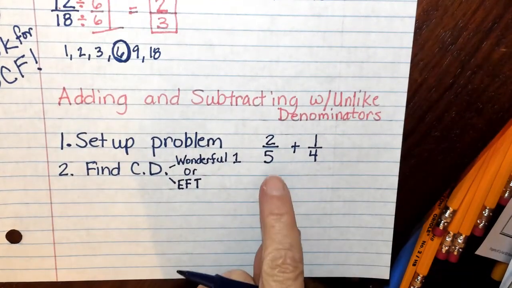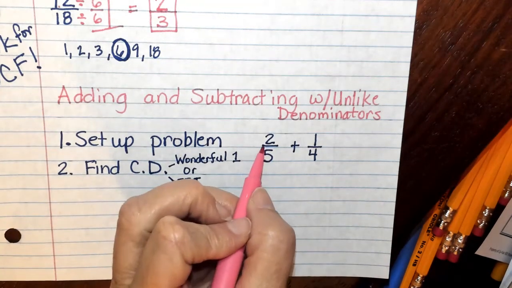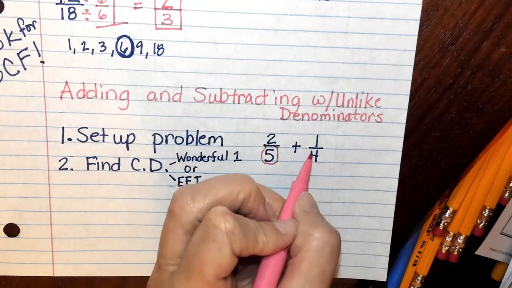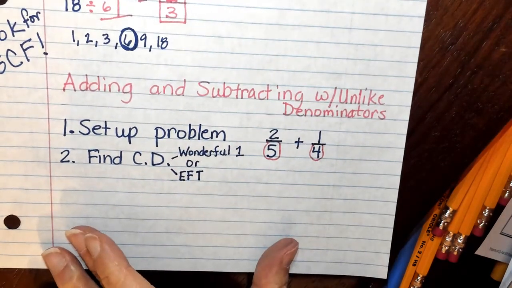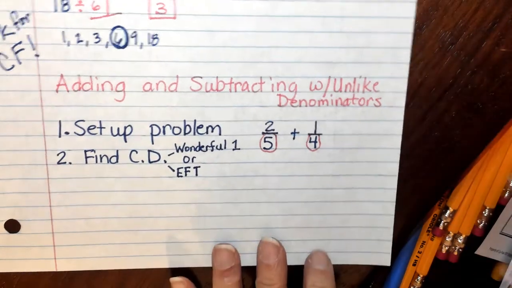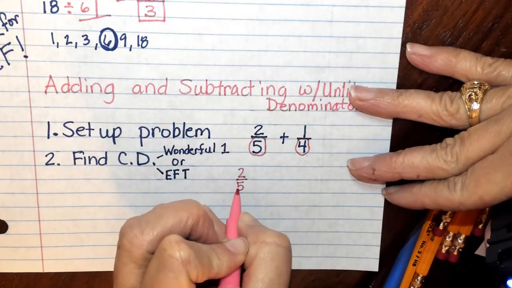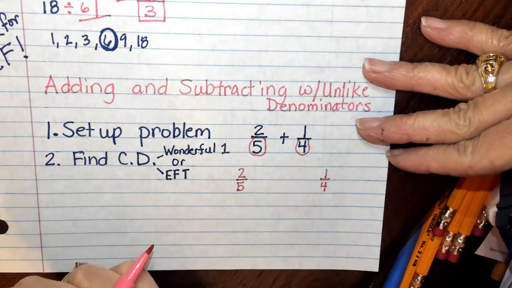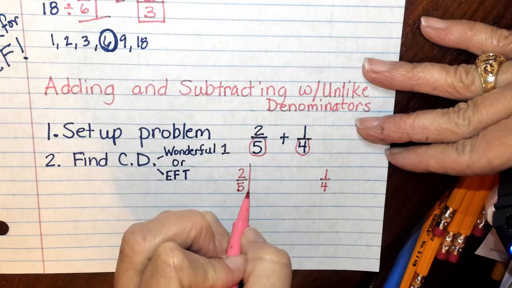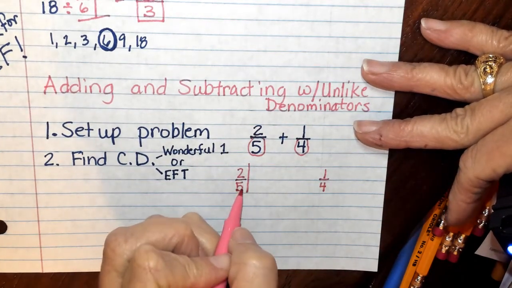When I look at these two fraction amounts, I can see that I have unlike denominators, and I'm going to need to find common denominators. So right below that, I'm going to make an EFT for 2/5, and then I'm going to make one for 1/4. And I'm going to have to write very neatly when I make this EFT.